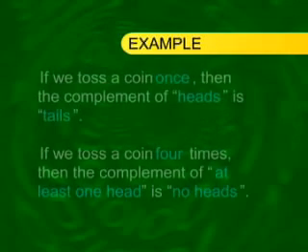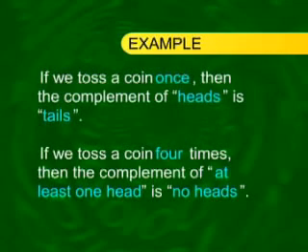For example, if we toss a coin once, then the complement of the event heads is tails. And if we toss a coin 2 times, then the complement of the event at least one head is the event no heads.